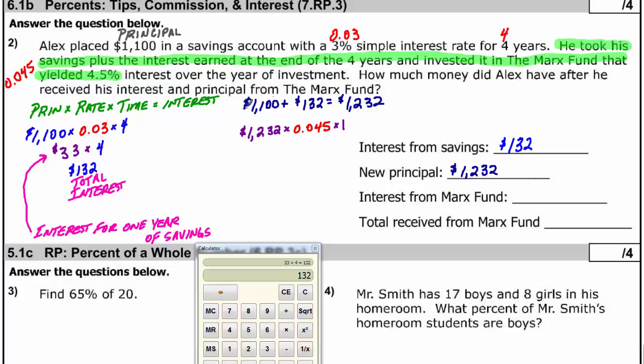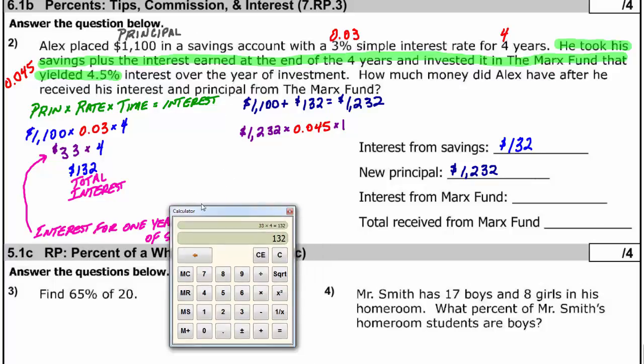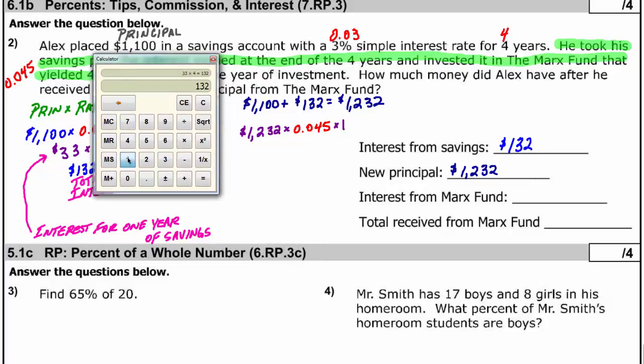So there's our same formula, principal times rate times time, and that's going to give him the interest that he gets from the Marks Fund. So let's pull out the calculator again and take the 1,232 and multiply that by the 4.5%, and that gives us $55, excuse me, and 44 cents.